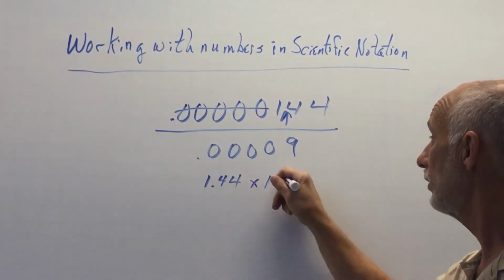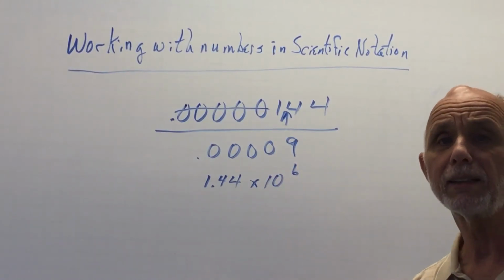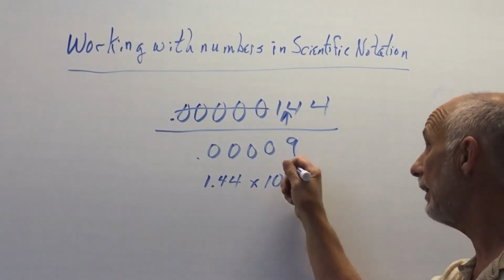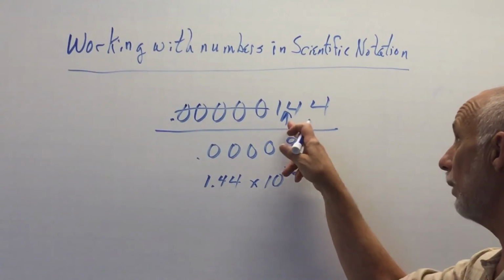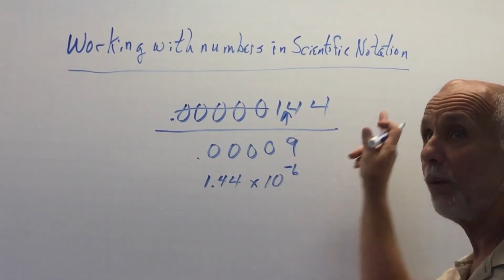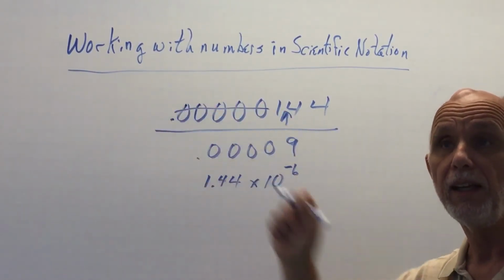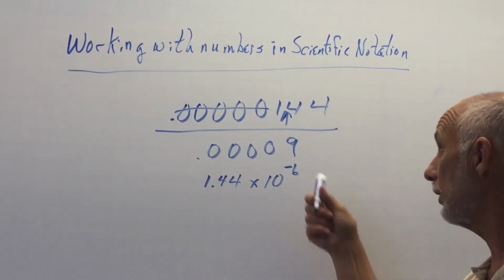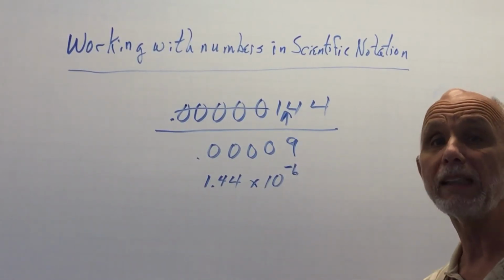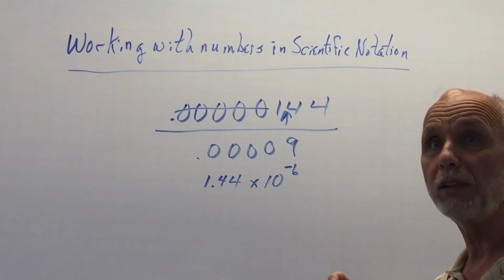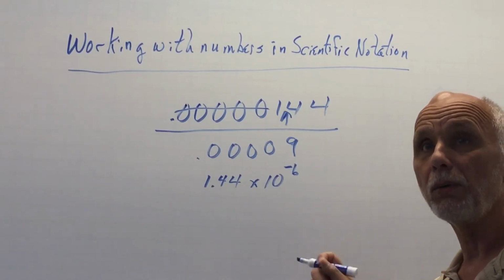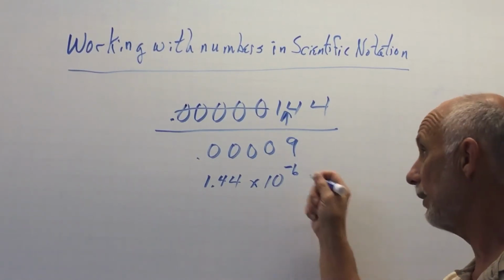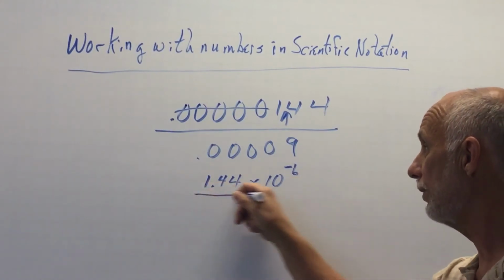So times 10 to the 6th, but not times 10 to the 6th, 10 to the negative 6th. Because I don't want to move 6 places to the right, I want to move 6 places to the left. And to move it in the opposite direction, you have to make the exponent the opposite. So it's 10 to the negative 6.